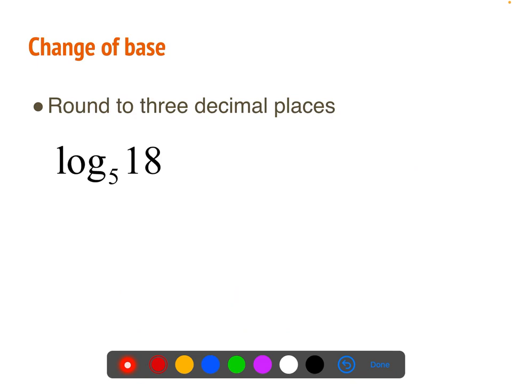Now let's see what that means in practical terms. Let's say I want to put in the calculator log base 5 of 18, but I don't have a little subscript button. Well, I just like to use the log button. You could use ln, you could use anything, but I'm going to use the log button because I know where that is on the calculator.